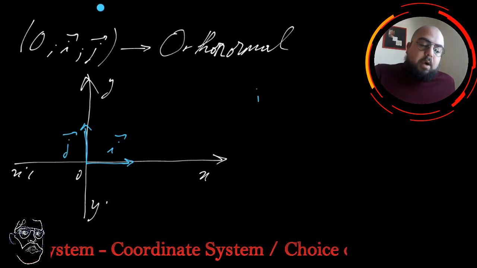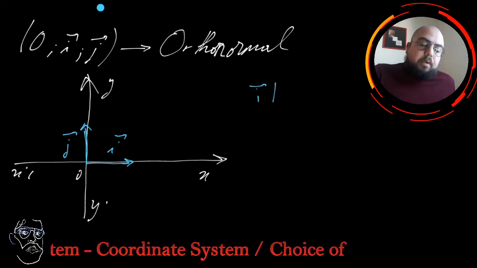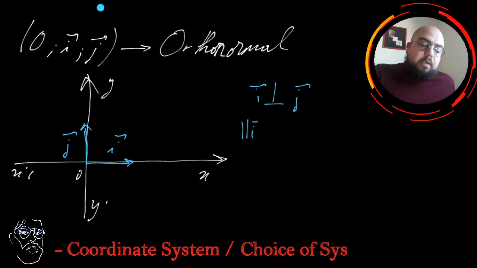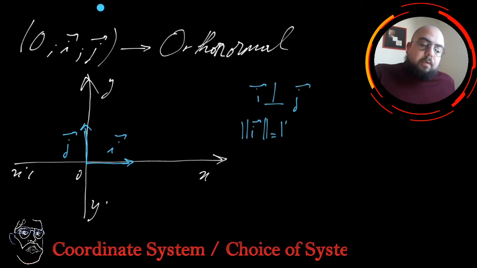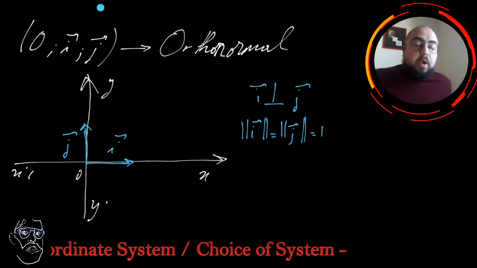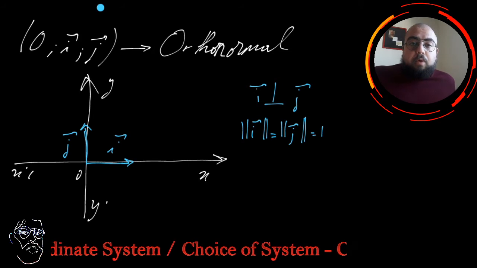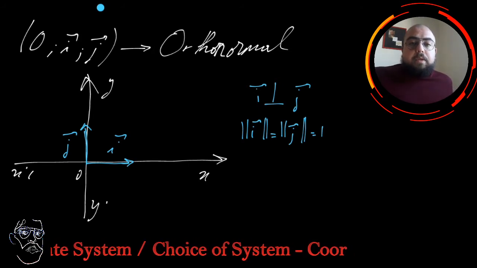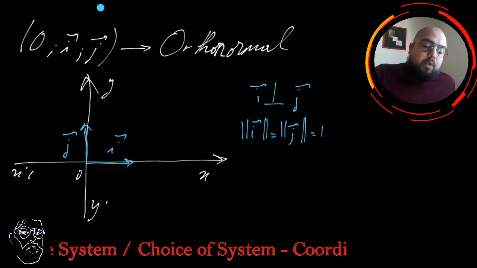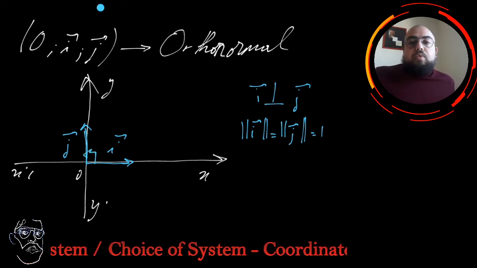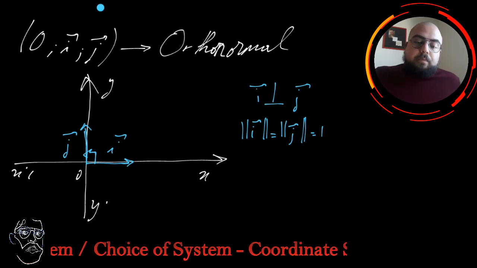So we have I perpendicular or orthogonal to j, plus the norm of I is equal to the norm of j, which is, of course, equal to 1 unit. So you have the norm the same, that's why normal, and orthonormal because they should have the angle between I and j, again, pi over 2, which is 90 degrees.